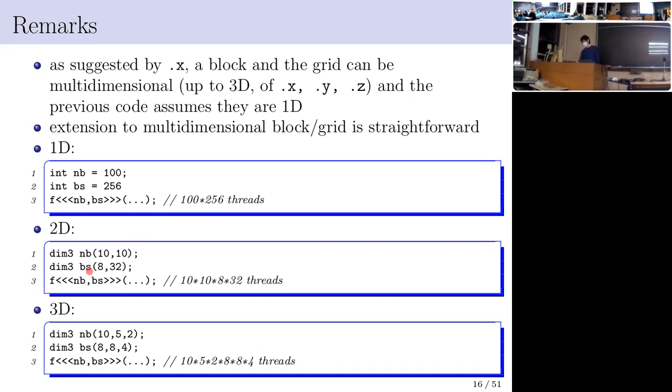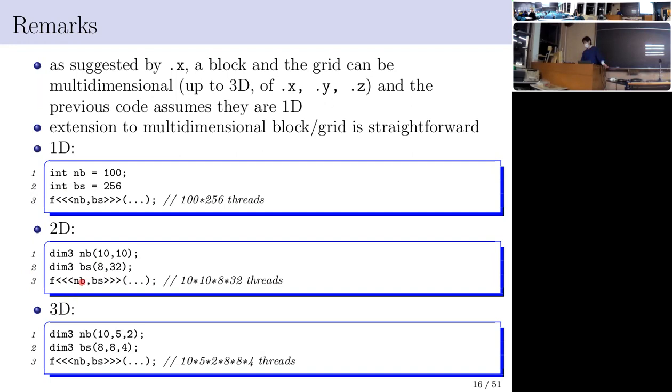But you can actually say you want threads within a single block arranged in 8 by 32 ways, instead of just saying 256 threads. In terms of what happens in the hardware, these two are almost identical. You end up creating 256 threads after all.